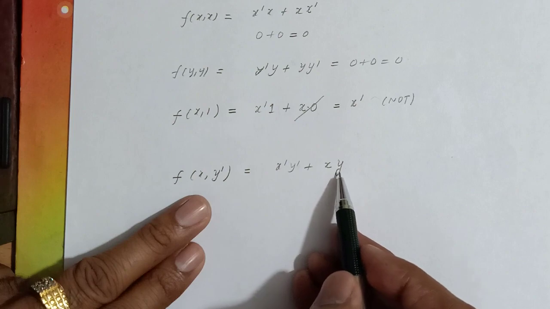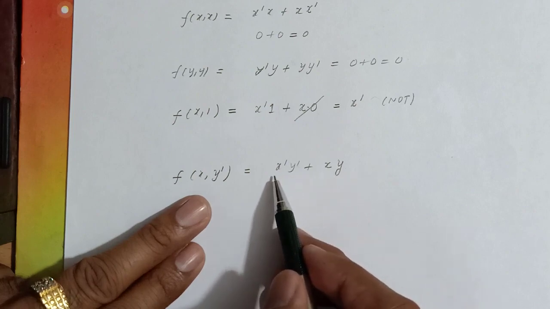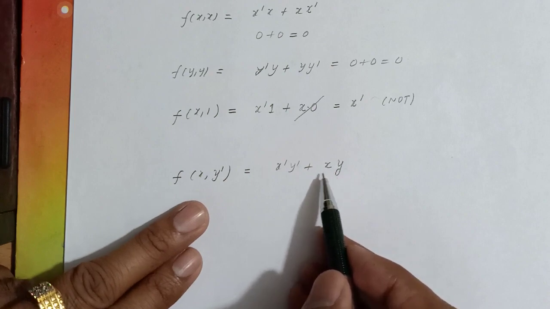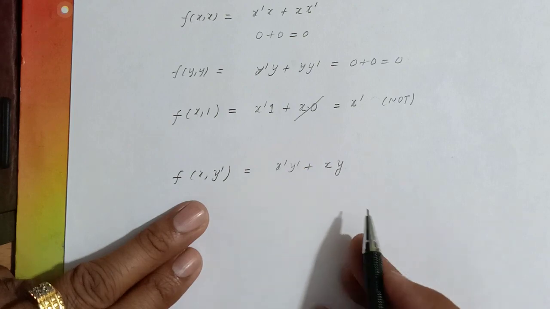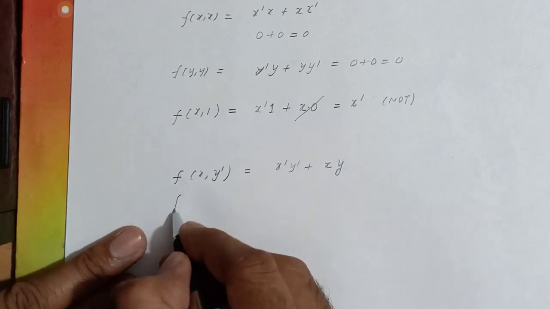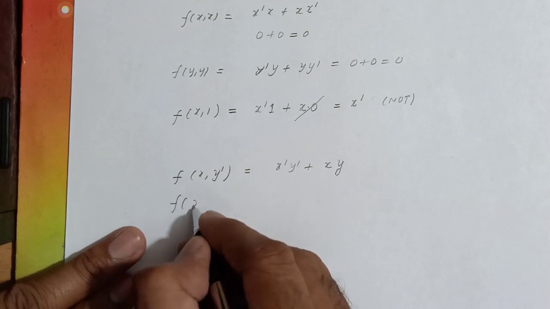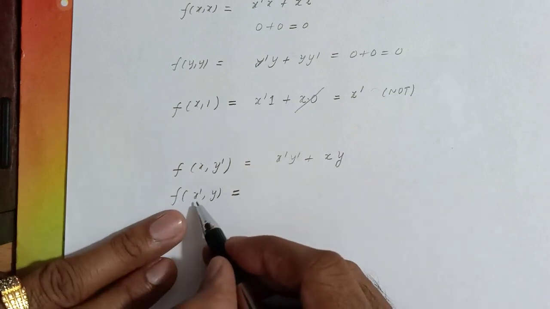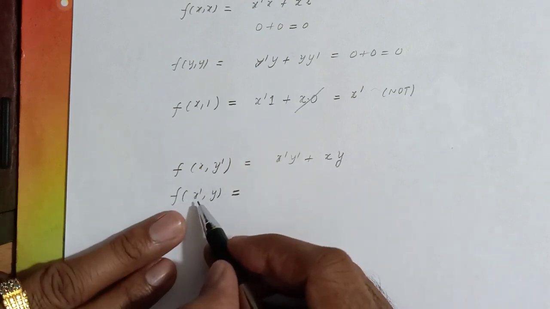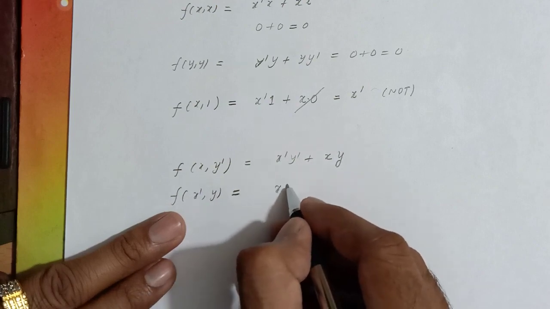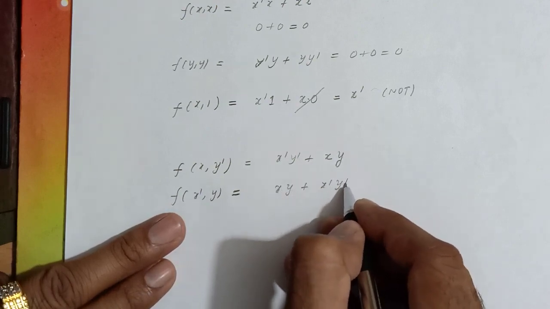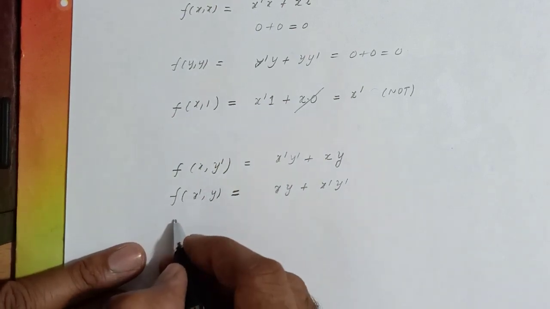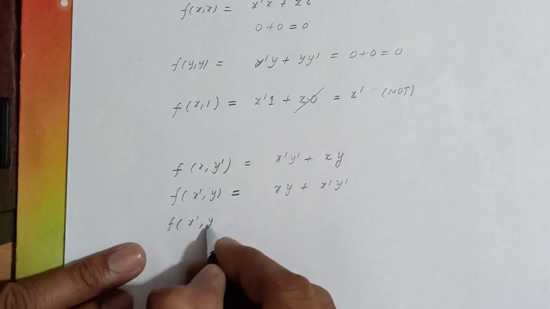Clearly it is neither the OR operation nor the AND operation. Now if we calculate f(x', y), we are placing x' in place of x, so we get xy plus x'y', again the same function.